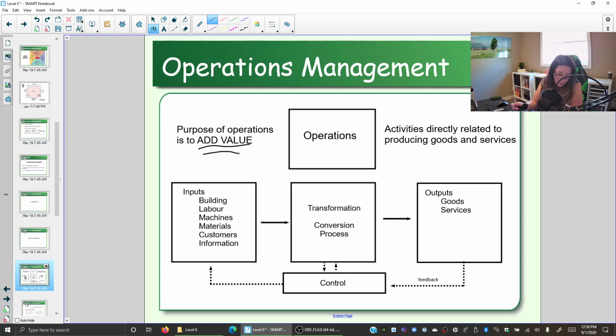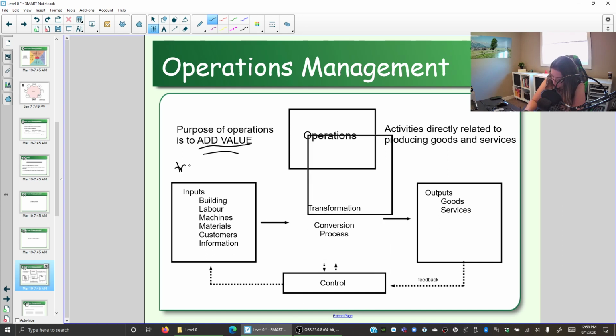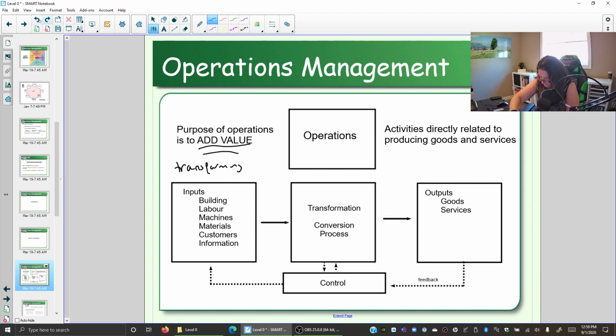And we add value by transforming inputs into outputs.